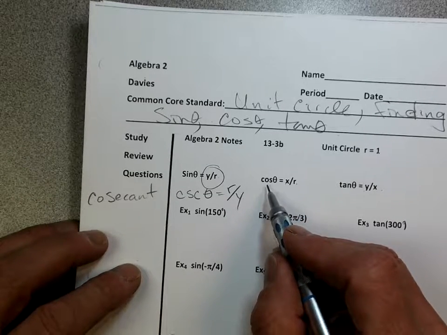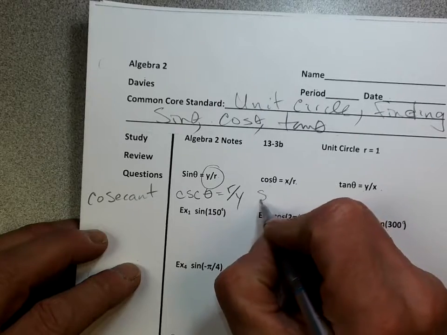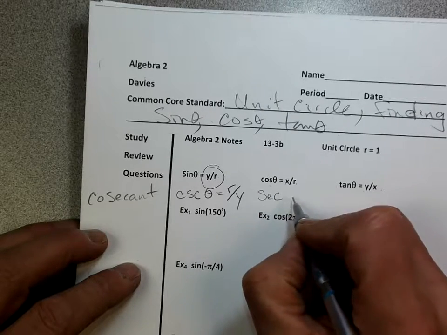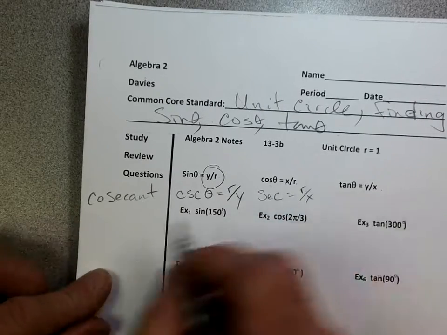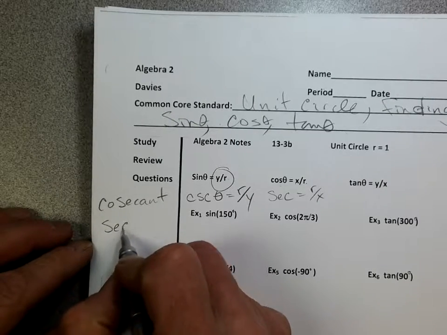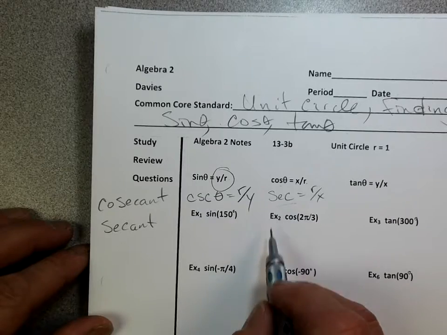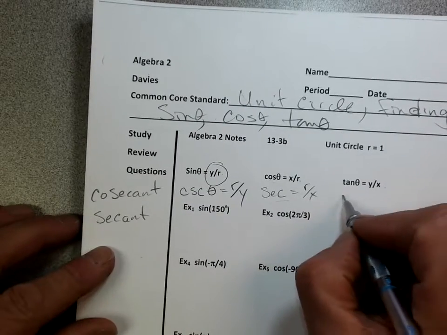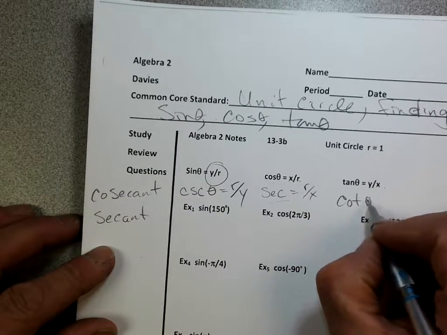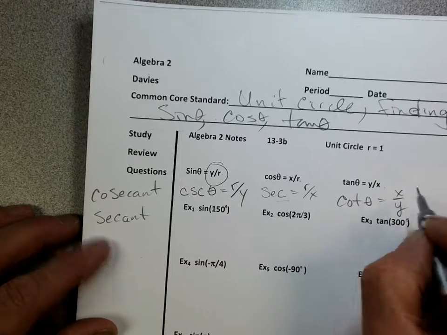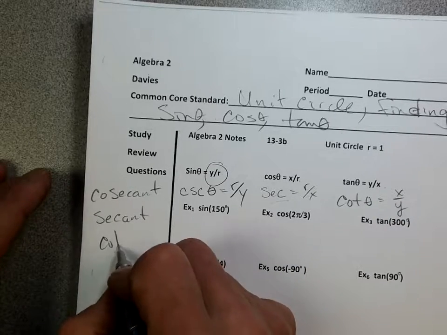The inverse of cosine is secant, and that's going to be r over x. So it's spelled like this, secant. Okay, we'll call it secant. It's not sec, okay? Cotangent of an angle is x over y, okay? And that's cotangent.